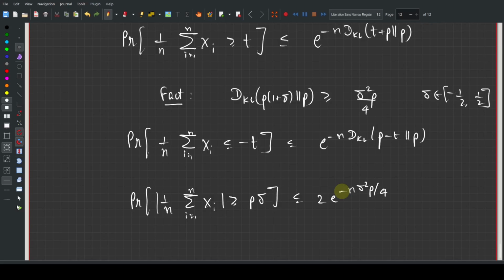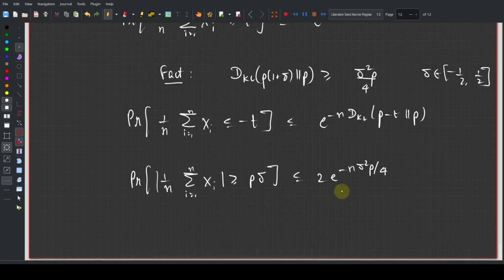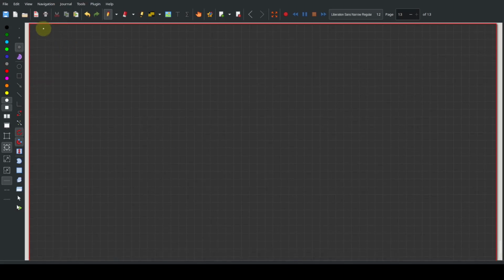So now that we have this, we can use it in a number of other applications, right? And let's see some of those applications. So the first application we look at is one of random graphs.